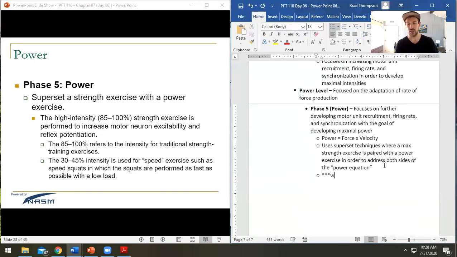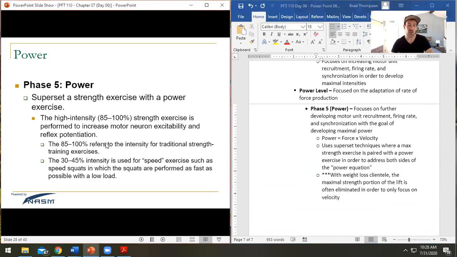with weight loss clientele, the maximal strength portion of the lift is often eliminated in order to only focus on velocity.